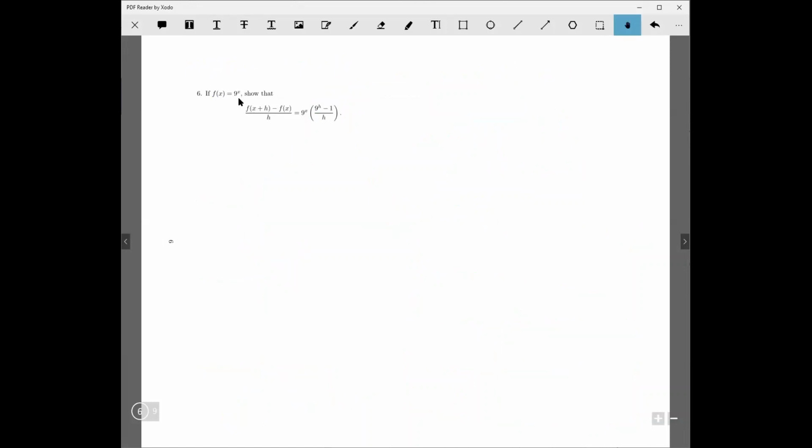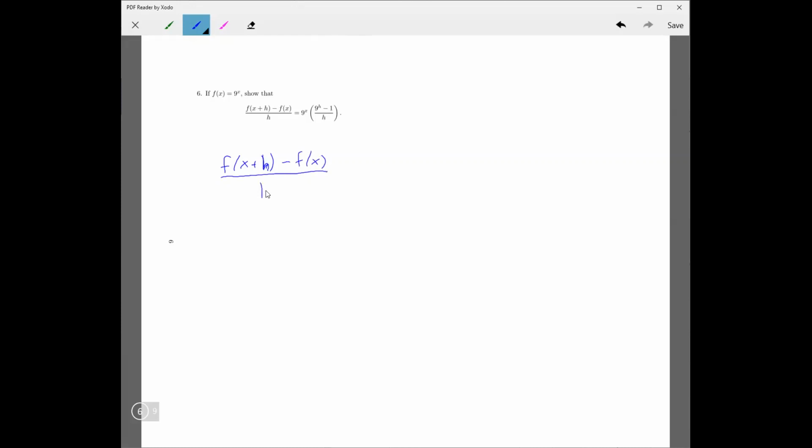If f of x equals 9 to the x, show that, okay, this is the difference quotient. I found that one of the most difficult things for people to deal with is the difference quotient. But it's pretty straightforward, or should be pretty straightforward. This problem is to help you through the steps.